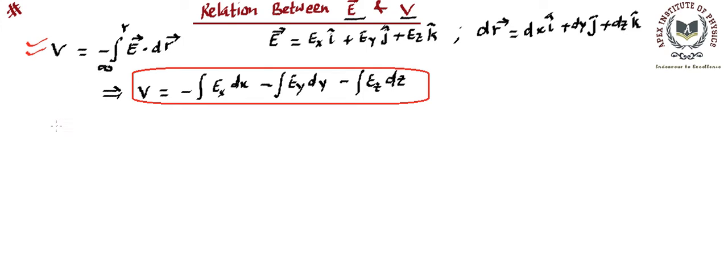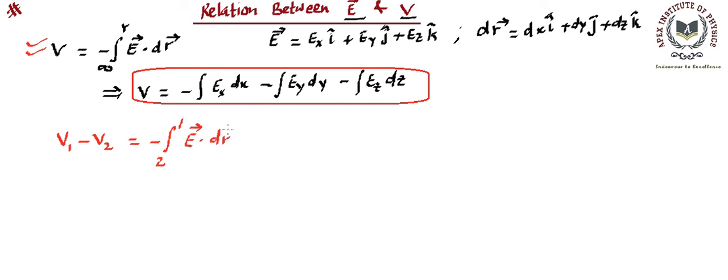If this is not the case, then we can write V of point 1 minus V of point 2. That means it's a potential difference between point 1 and point 2. This is equal to minus integration from reference location 2 to 1 of E dot dr.